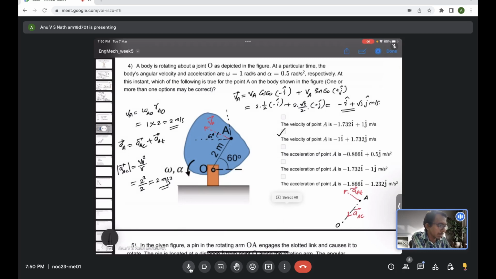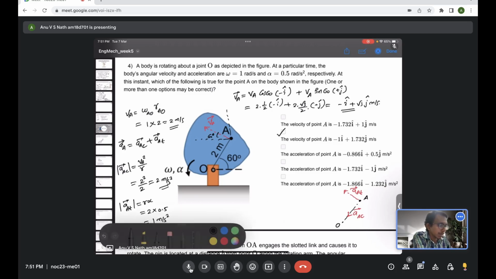Now we have to evaluate the magnitude of the tangential acceleration, which is just r times alpha. We have r equal to 2 and alpha is given as 0.5, so we can evaluate it to be 1 meter per second square.